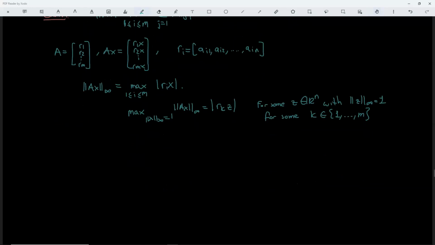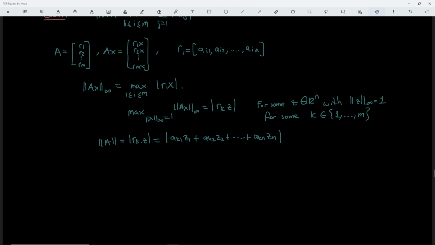In that case, the induced norm of that matrix A will be simply equal to the absolute value of rk times z, right? And if I write that element by element, it will be simply equal to the absolute value of ak1 z1 plus ak2 z2 plus up to akn zn, okay? That is the kth row of the A matrix, which I write as ak1, ak2, up to akn.